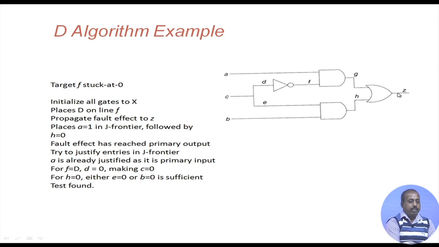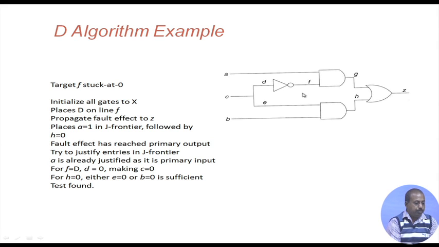Now, the fault effect has reached the primary output Z. So, we try to justify the entries in the J frontier. Since A is a primary input, we can very easily set it directly to 1. So, A is already justified.